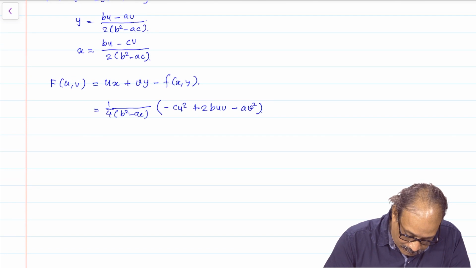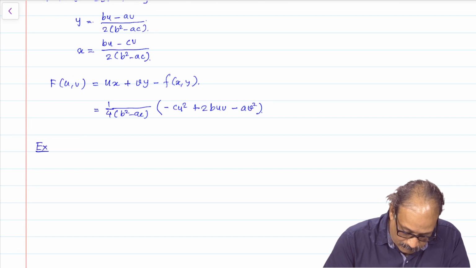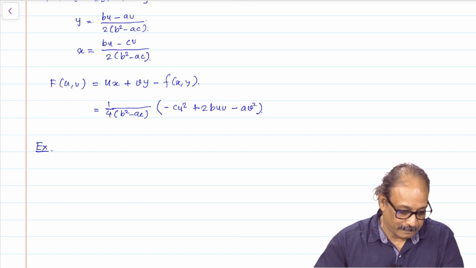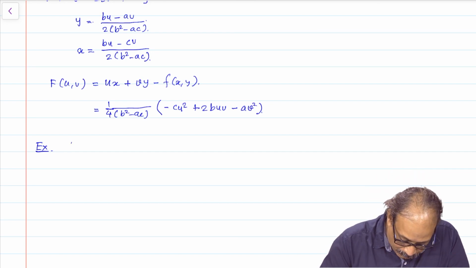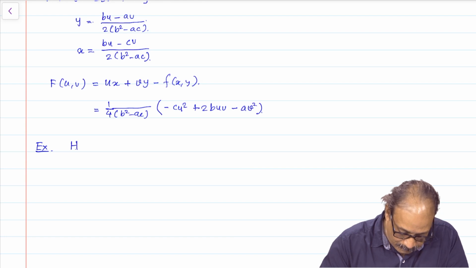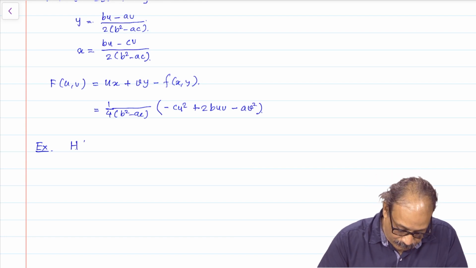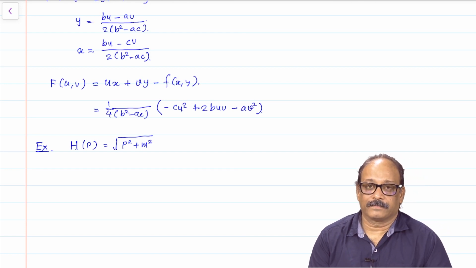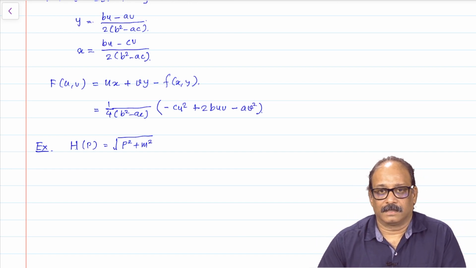Finally, one last example. In this example, I will take a function h, which is a function of p, which is given by square root of p square plus m square. And just a little bit of fun here.